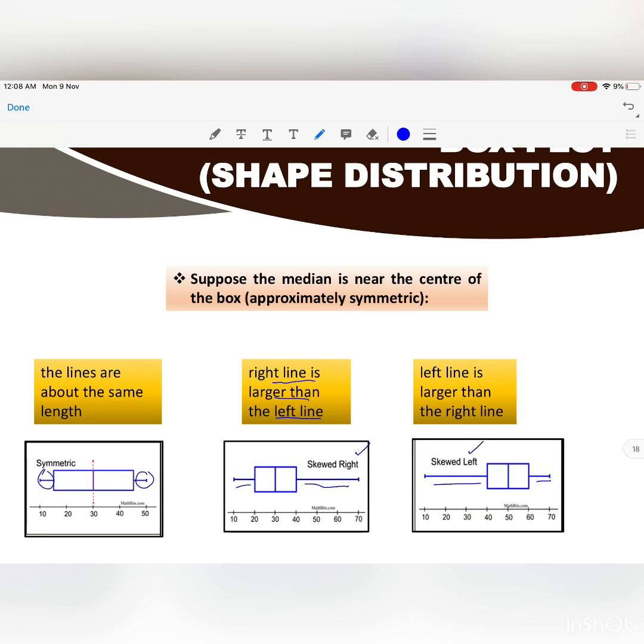If the left line is larger than the right, that is left skewed. So that is another method to find the shape of distribution.